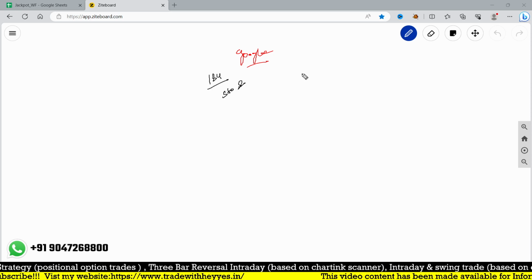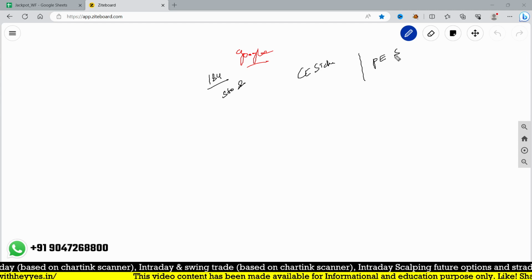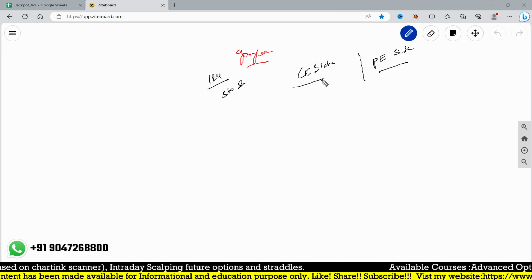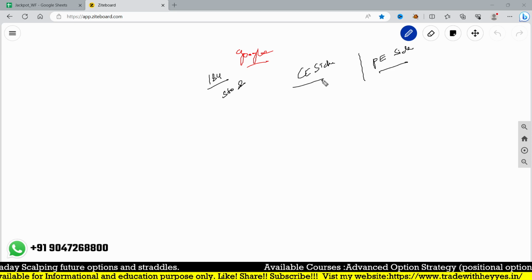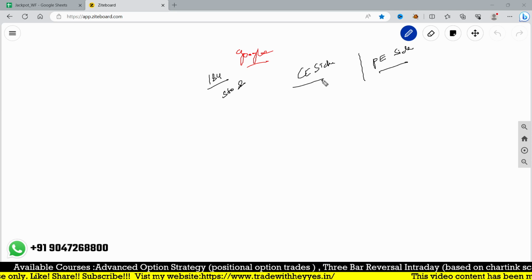On the left side we see the call side, and on the right side we see the put side. It works based on a predefined, calculated formula, and based on that, I'm working out the sheet.